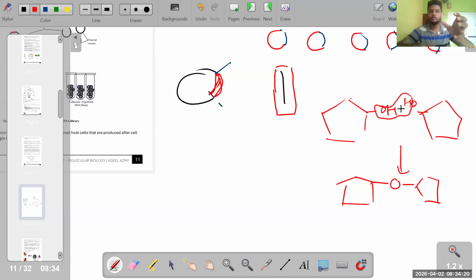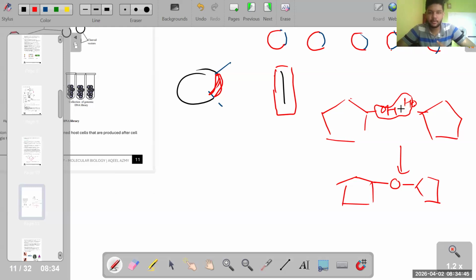Now two monosaccharides are joined by a glycosidic bond. Am I right? Can you agree with that? Yes or no? Yes. This is what we learned in the carbohydrate part. Now that is clear, right? The first bond is the glycosidic bond.